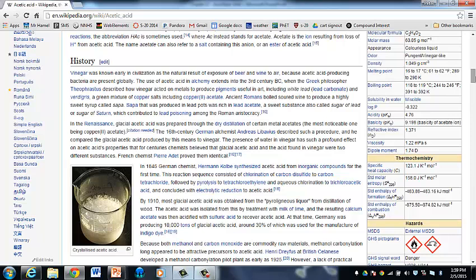All right. So one thing that I haven't taught you yet, but in the last lecture I did teach it. This thing here, pKa, this is the negative log of Ka. So 4.76, that means the Ka of this is 10 to the negative 4.76.